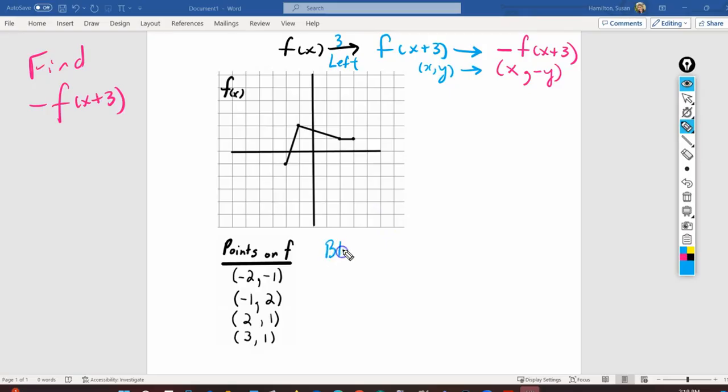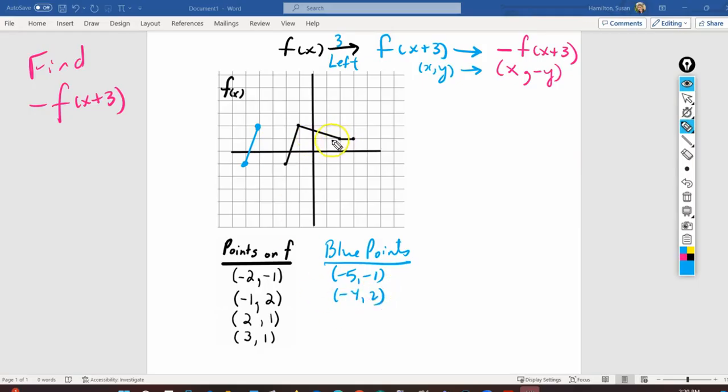I want my blue points. So I'm going to start here and go 3 to the left. So that's -5, comma, -1. Then this one and go 3 to the left. And then connect. And then that point's going to be -4, comma, 2.